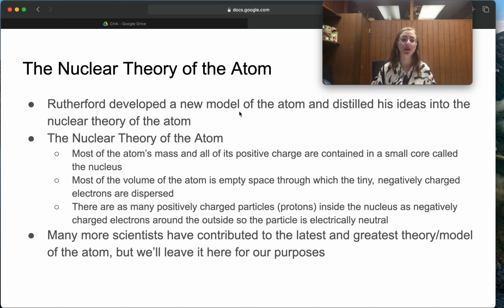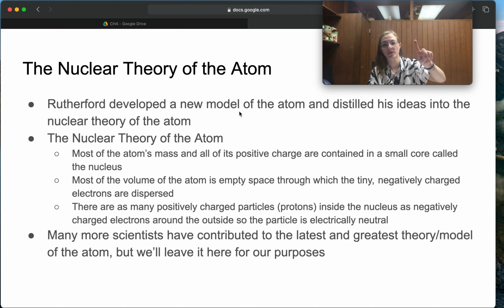So when Rutherford put out the nuclear theory of the atom, what he said was, point one, most of the atom's mass and all of its positive charge are contained in the small core in the center of the atom called the nucleus. Most of the volume of the atom is empty space through which the tiny negatively charged electrons are dispersed.